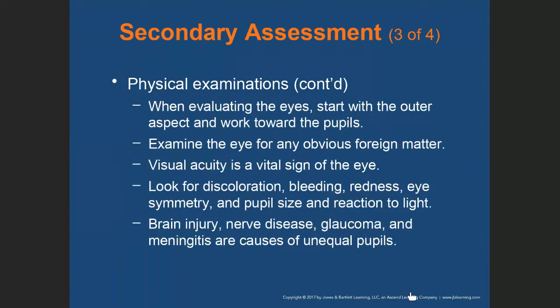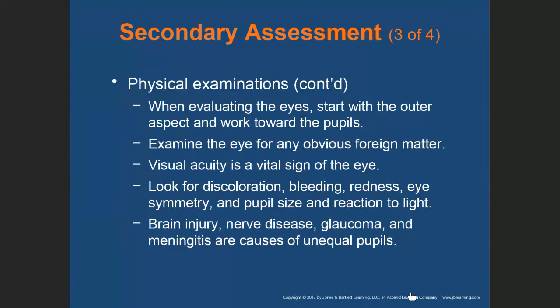When evaluating the eyes, start with the outer aspect and work towards the pupils. Examine the eye for any obvious foreign matter. Visual acuity is a vital sign of the eye. Can they follow the fingers in an H pattern?